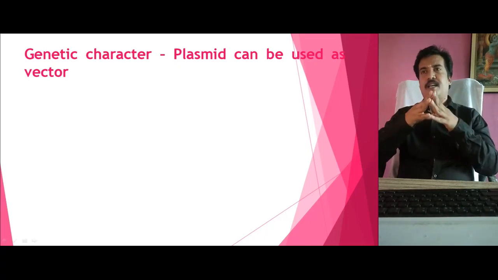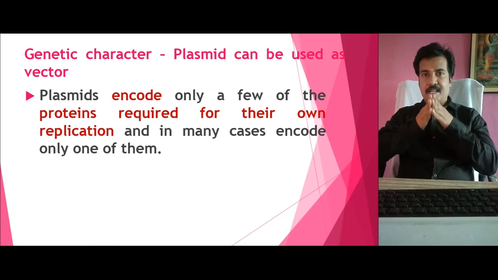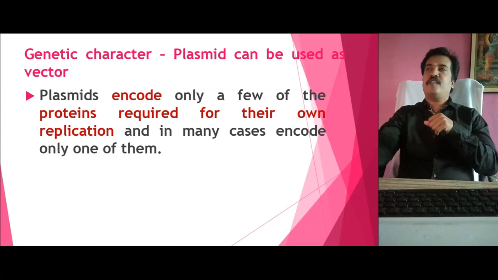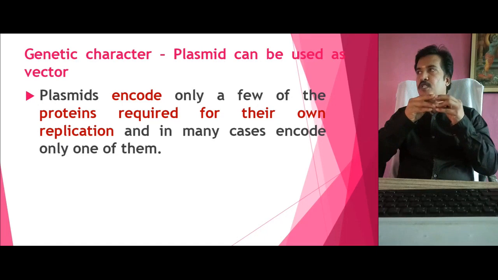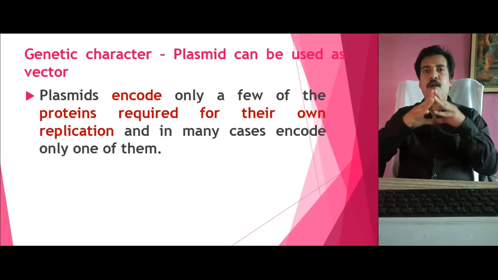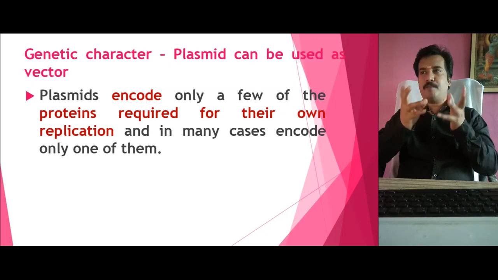Apart from this, what is the basic clear-cut genetic character the plasmid should have to be considered as a vector? The first one is that the plasmid encodes only a few proteins required for its self-replication. Apart from this, it carries other proteins which are generally not needed by us.